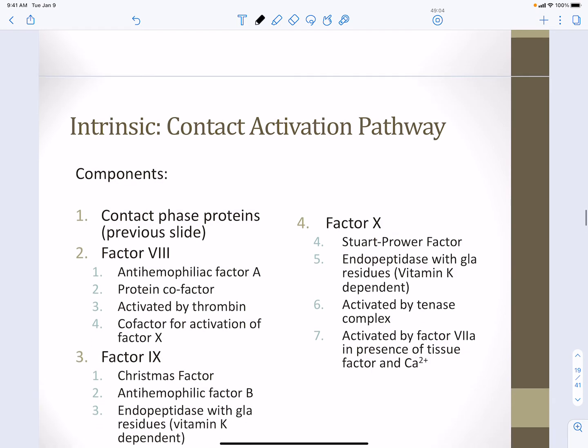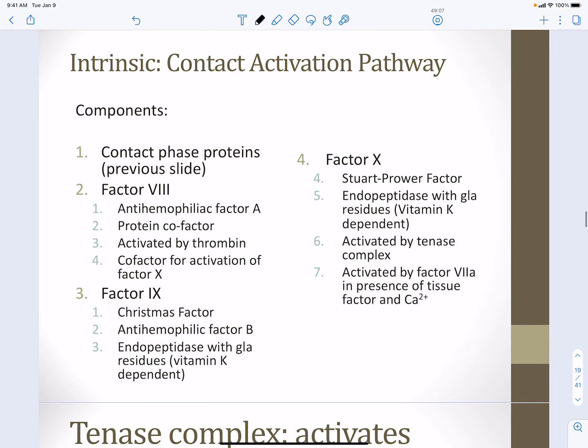And then once you have that pathway activated, you're going to get contact phase proteins activated. So from this, we're going to have factor 8. Factor 8 is anti-hemophilic factor A. This is known as a cofactor, so this is going to be required for the activation of factor 10.